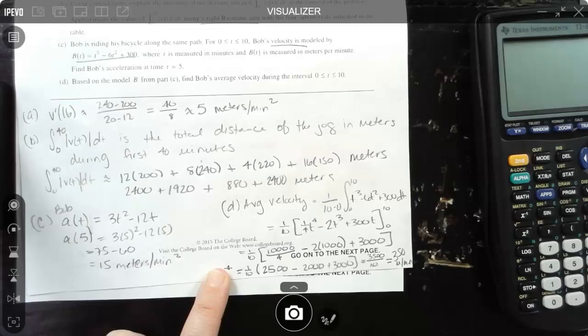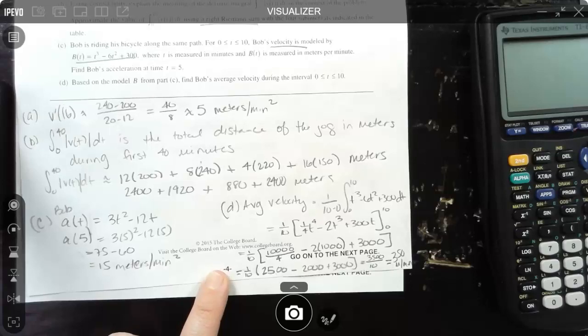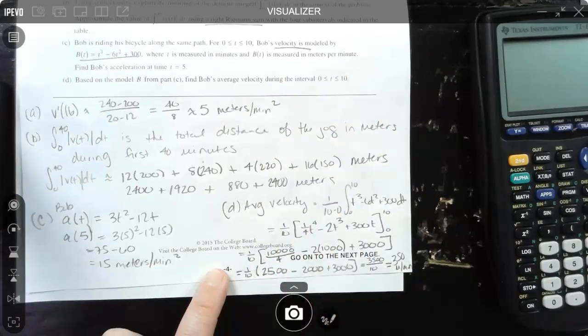I had everything. I had it. I would probably give you 2 out of 3 for that one then, because you had the integral correctly, you got the antiderivative correctly, you just didn't get the answer because it's technically not part of the integral. That's what I would say, based on how they have the scoring there.